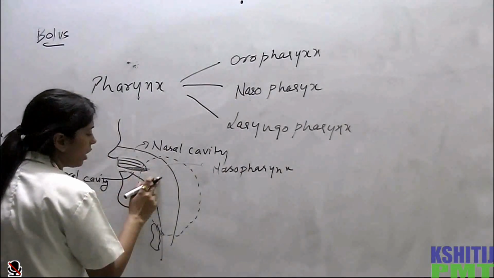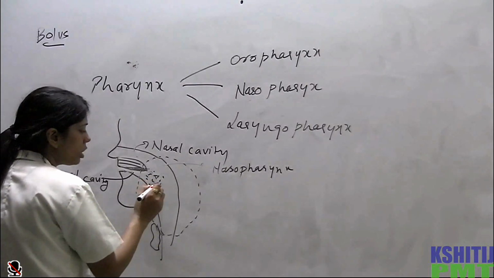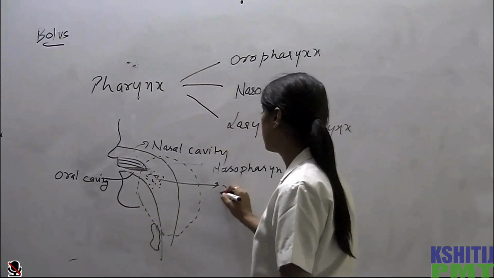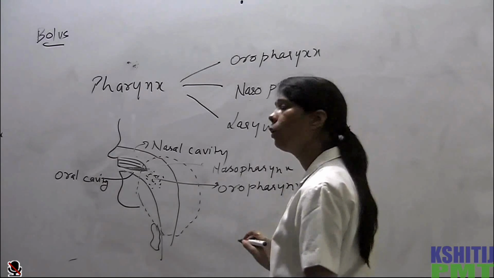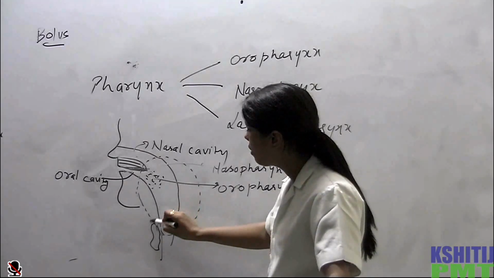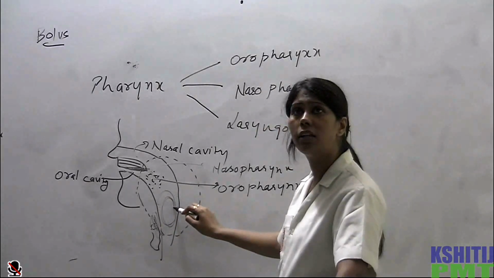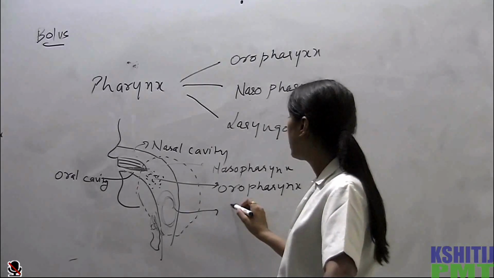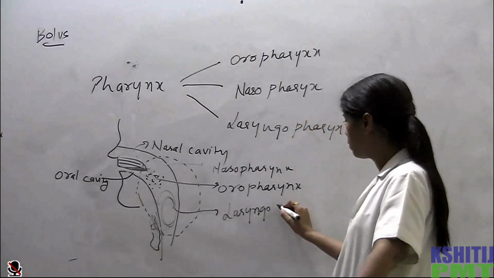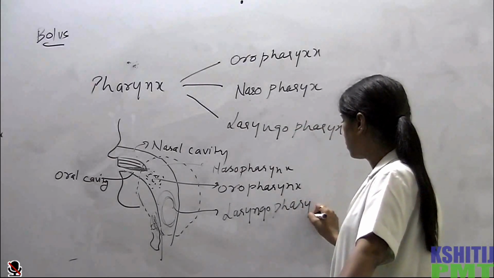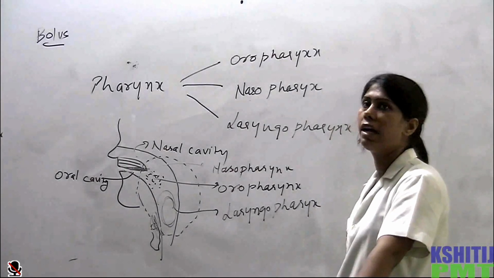The part of the pharynx attached to the oral cavity is called the oropharynx. And here we have the thyroid gland, and the part of the pharynx present behind it is called the laryngopharynx.